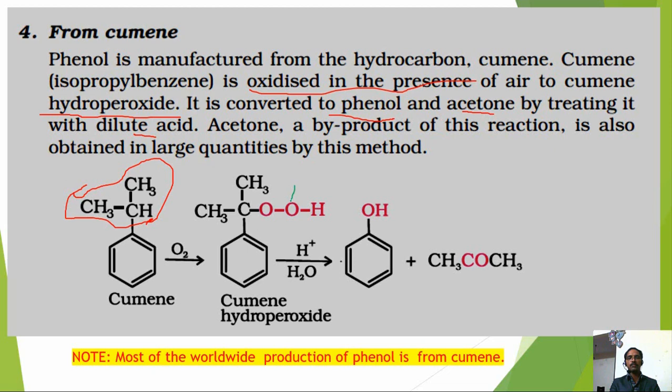In acidic medium, protonation takes place. This hydrogen will come here, so it becomes oxygen plus. The pi bond and sigma bond shift to here, and it is released as a water molecule.